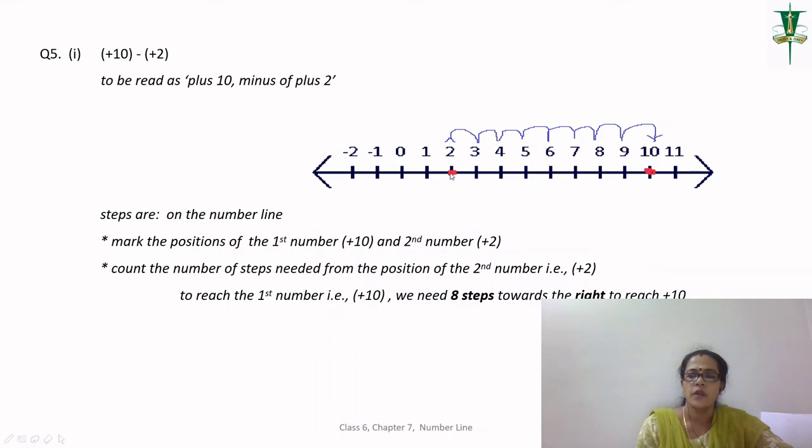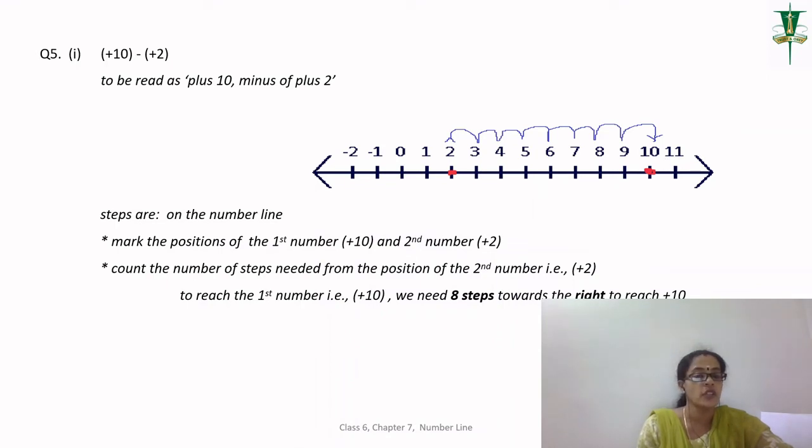So you have to count the number of steps you need to travel from 2 to 10, which means how many steps? 1, 2, 3, 4, 5, 6, 7 and 8. 8 steps you have to travel.